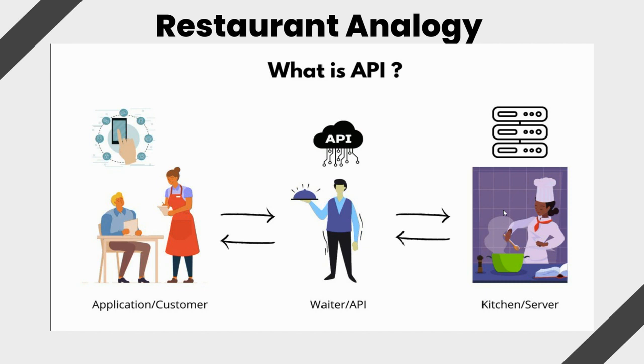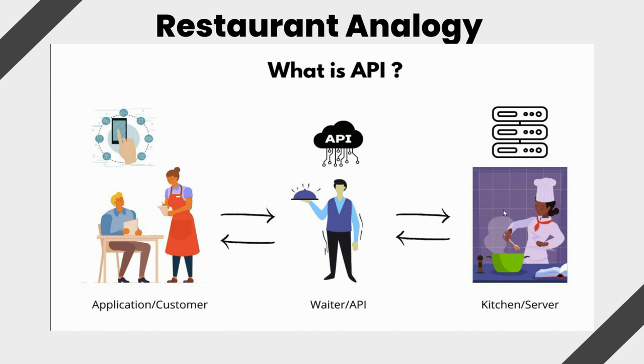So all that cooking and boiling of ingredients are like the complexities of the entire process of making that food. That's why, if you remember from the last slide when we talked about the importance of APIs, we said that APIs are used to hide complexity. So this complexity, you do not know about it.